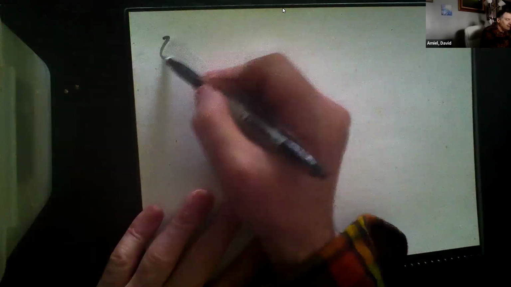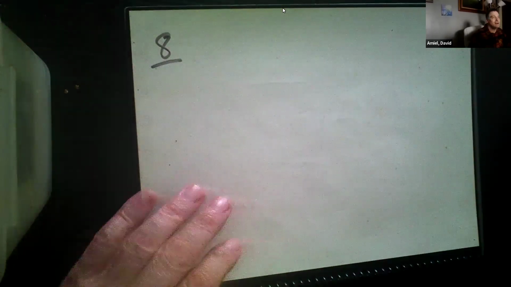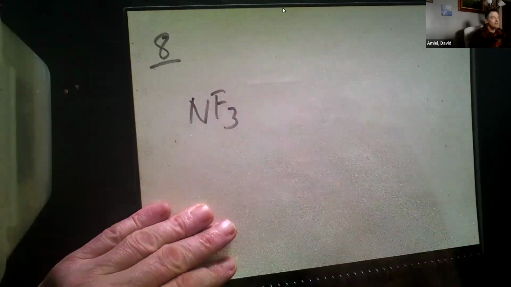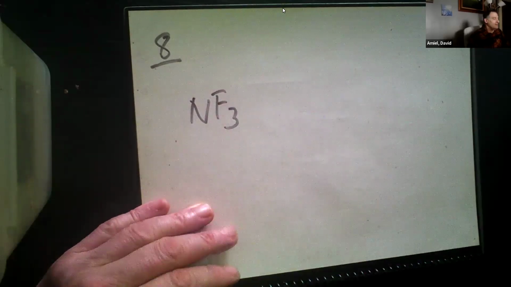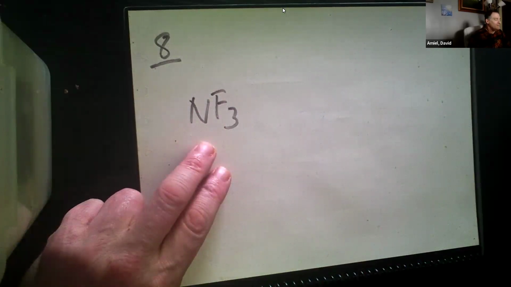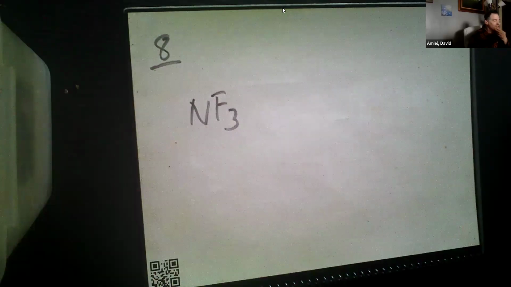Draw Lewis structures for each molecule. Okay. Here's number 8. I'll do one from 8. I'll do NF3. Okay. This is now a covalent compound. So we'll use the covalent notation.